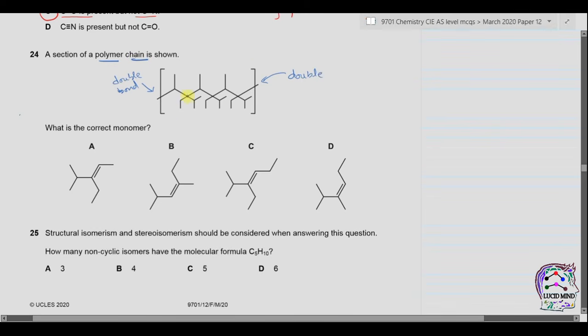Now let's find out the repeat unit. If this was a double bond, then we have one carbon here, and a second one which is not shown, and these two carbons must have a double bond between them, and then these two carbon atoms must have a double bond between them, and then again this carbon and the carbon which is not shown had a double bond. So let's find out the repeat unit. We can take out the repeat unit.